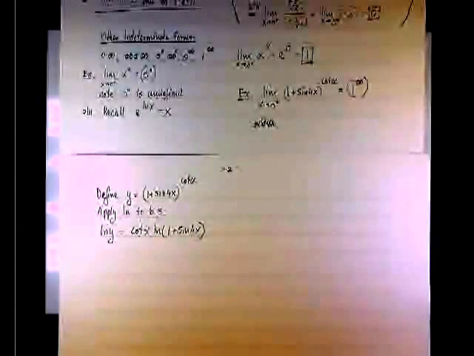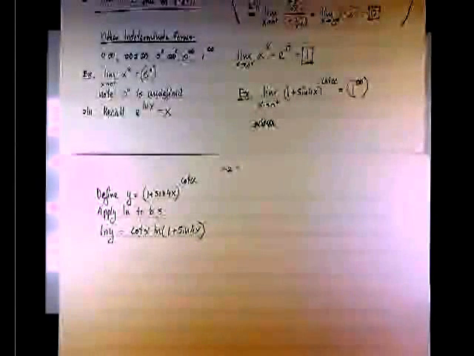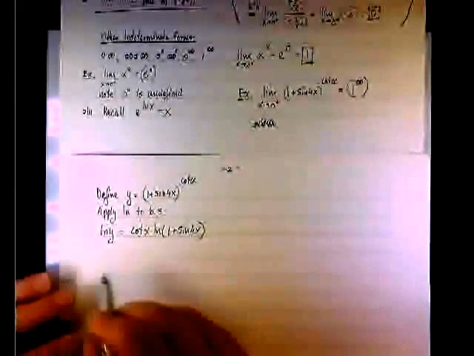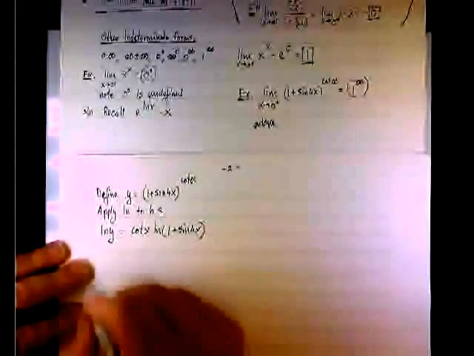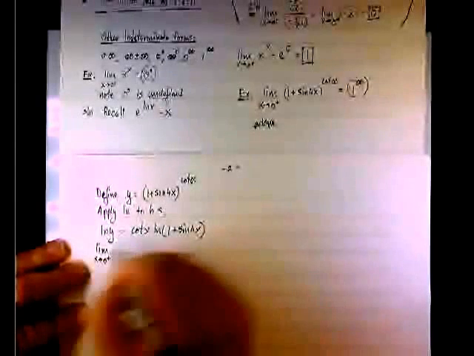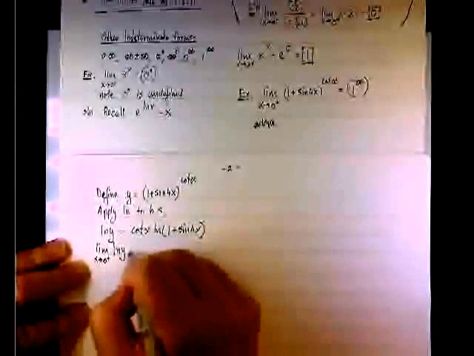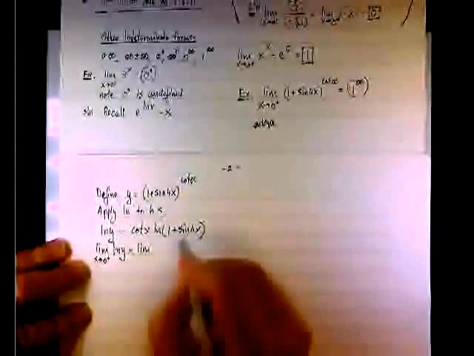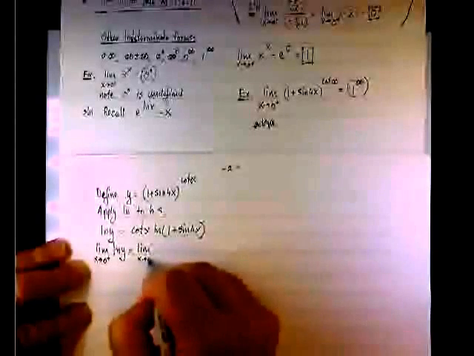Okay? And of course, we need the limit of y, and we apply the limit to both sides, and we say the limit as x approaches 0 plus of natural log of y equals the limit as x approaches 0 plus.